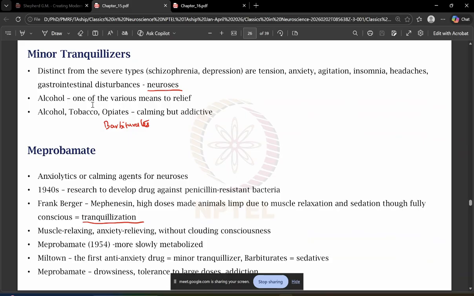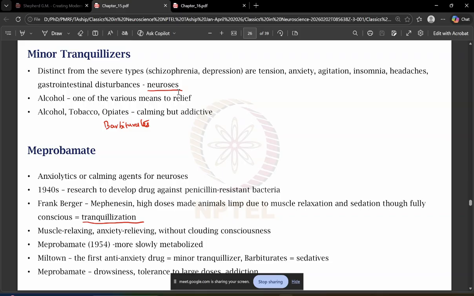The problem initially at that time was that minor tranquilizers like alcohol and tobacco and opiates and barbiturates were all regarded as relief for these kinds of neuroses.